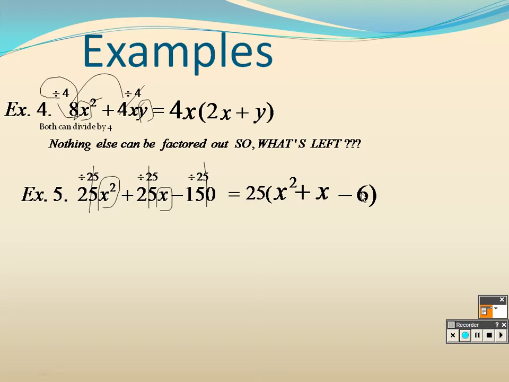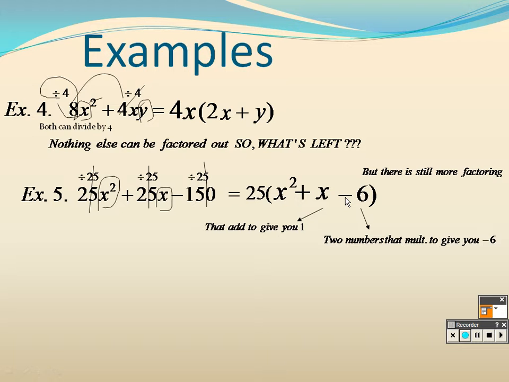So now this is much simpler to factor. If I want to factor that, I say, hey, what multiplies to give you negative 6 that adds to give you a 1? Well, can you guys think of anything? Off the top of my head, I can, right? Negative 2 times 3 is a negative 6, and negative 2 plus 3 is 1.